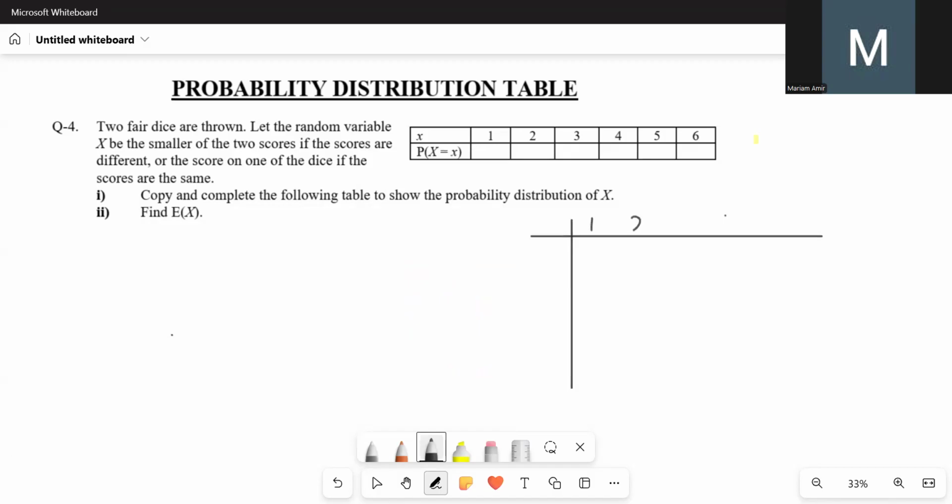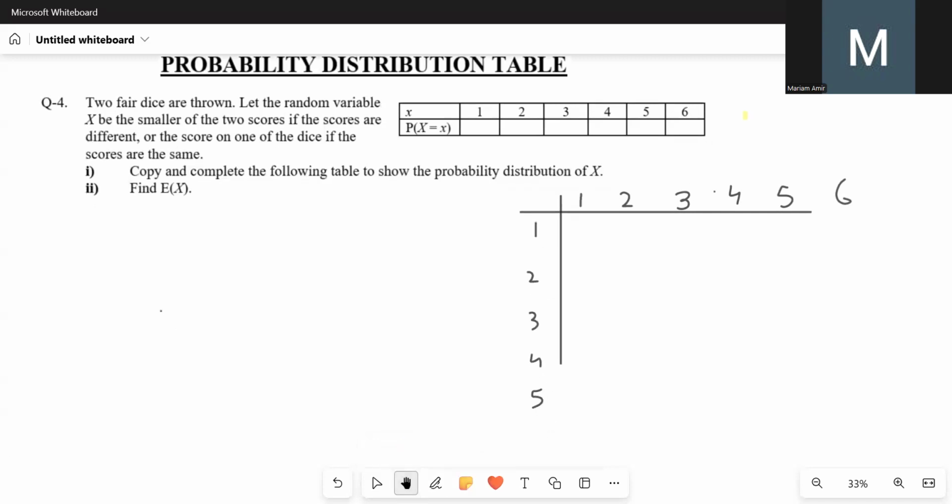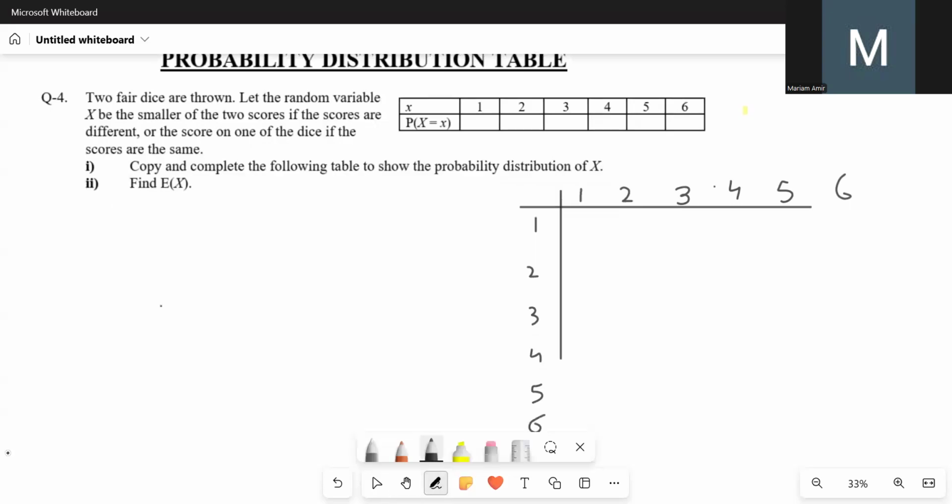So in the first row, we get 1, 2, 3, 4, 5, or 6. And in the second row, we get 1, 2, 3, 4, 5, or 6. And the question says that we choose the smaller of the two scores if they're different and one of the scores if they're the same.